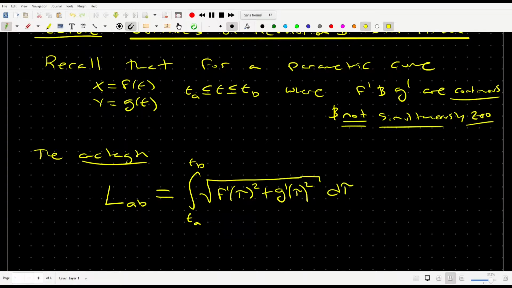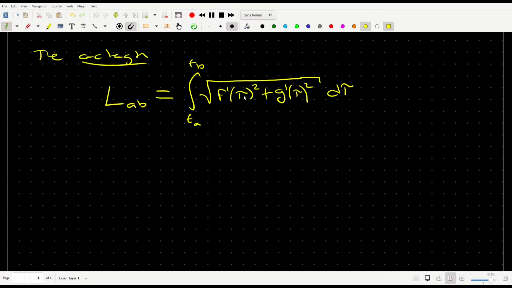And this is the integral with respect to this integration variable. And I'm not writing t here, I'm using a different integration variable because I'm going to do something really important.